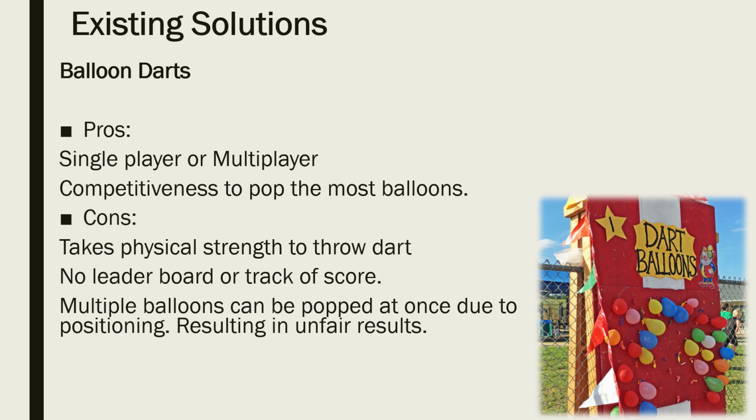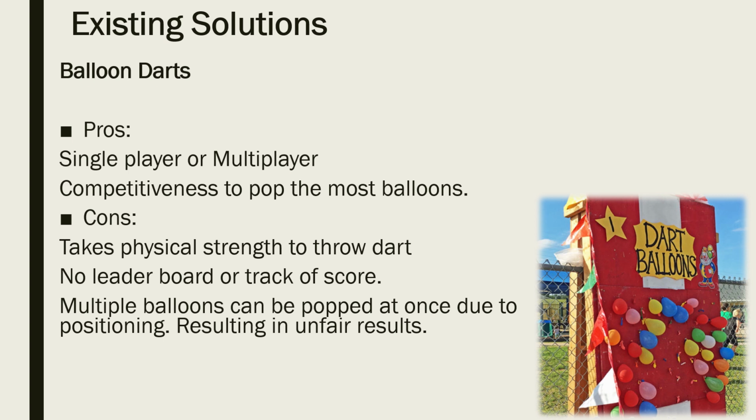The existing solution of Balloon Darts consists of many pros and cons. The pros of the game are that it can be a single player or a multiplayer game. It also has an element of competitiveness between the users of the game to be able to pop the most balloons.